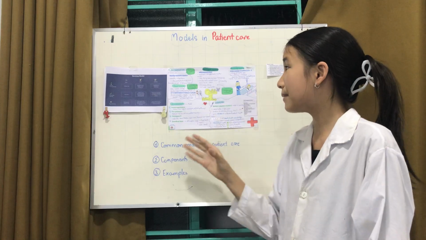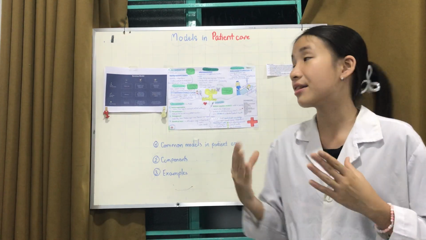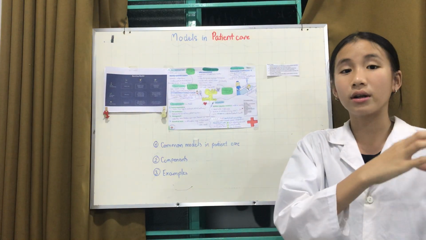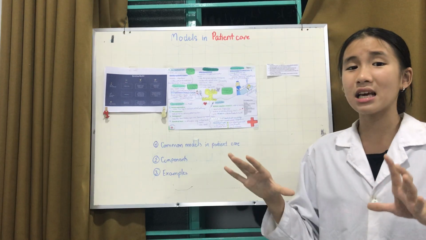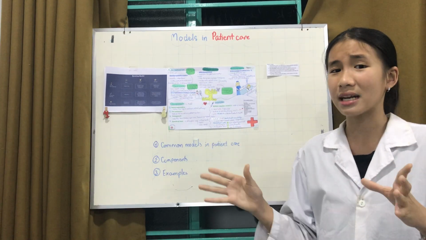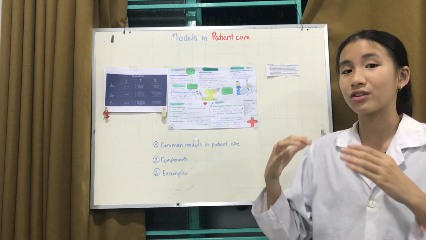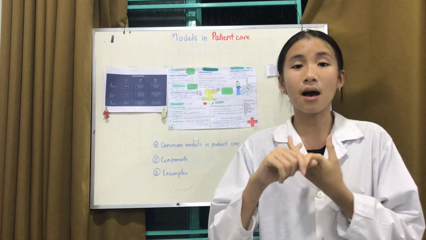As for the team nursing, also called modular nursing, one group of nurses will be in charge of one group of patients, typically between 5 or 6 patients at a time, and that team of nurses will be in charge of that group of patients. And this is dividing responsibility among the team.